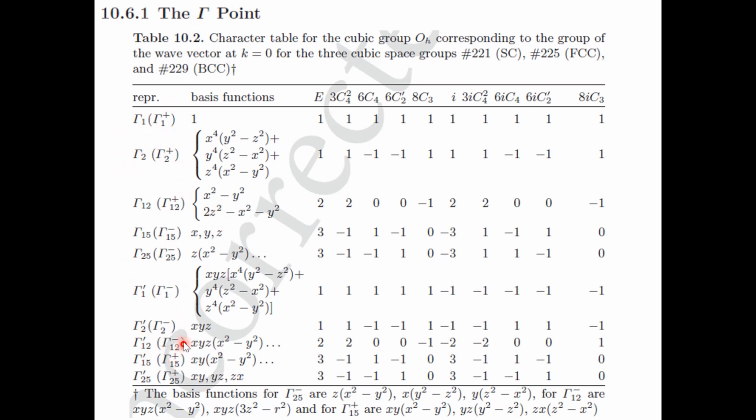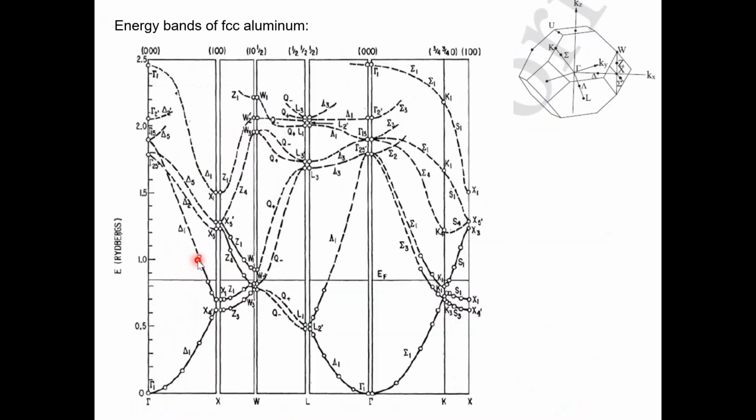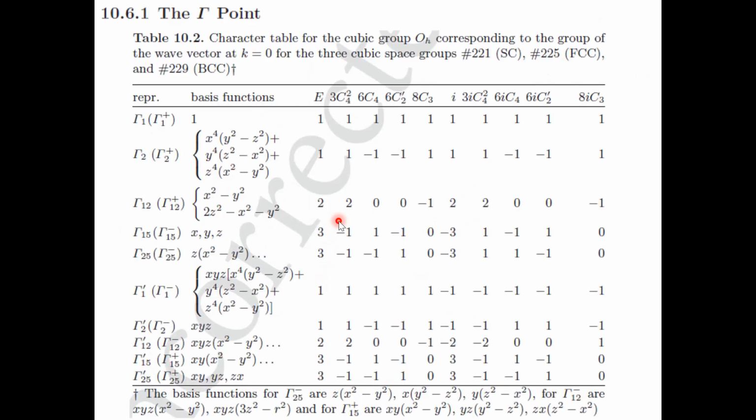I have shown you that before. And let's see how we use this information. For instance, this character table tells me that at the gamma point I can have 3-dimensional, 2-dimensional, and 1-dimensional representations. And they can be either even or odd with respect to inversion.